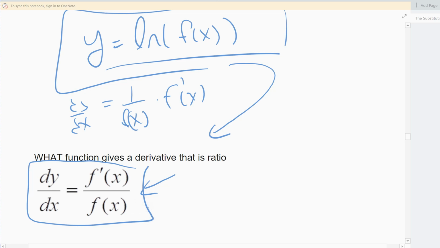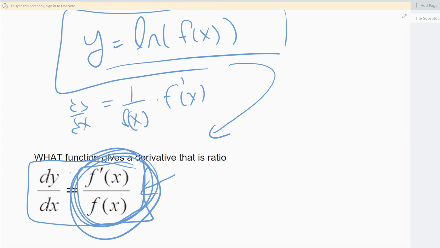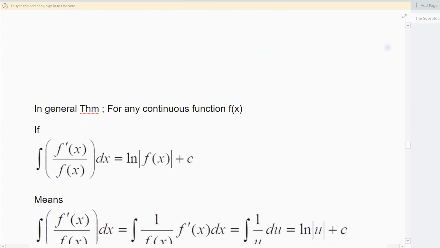So if I have a fraction, or if I can manipulate a function to get a fraction where it's a derivative of a function divided by that function, that type of quotient, that type of division, then my original function should be a logarithm, right? My antiderivative would be the antiderivative rule for logarithms. And so we get the following theorem.